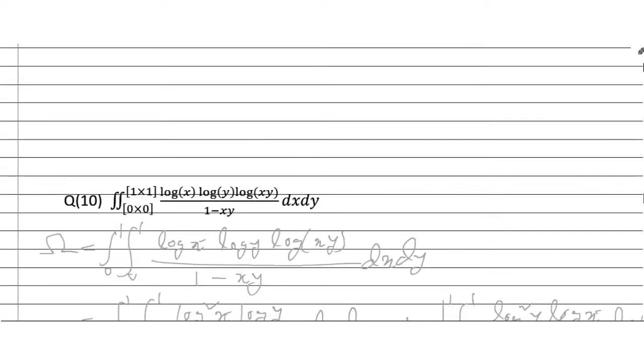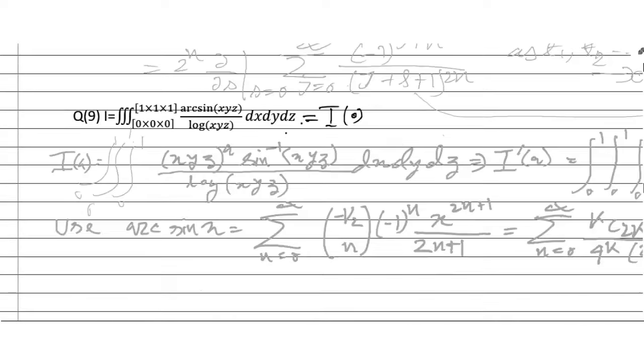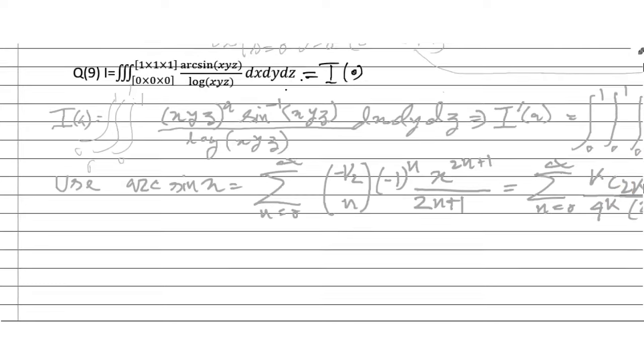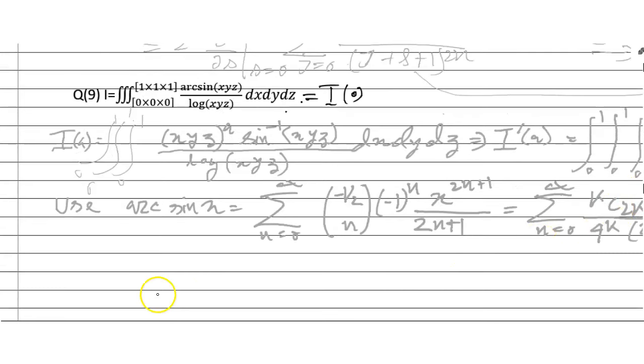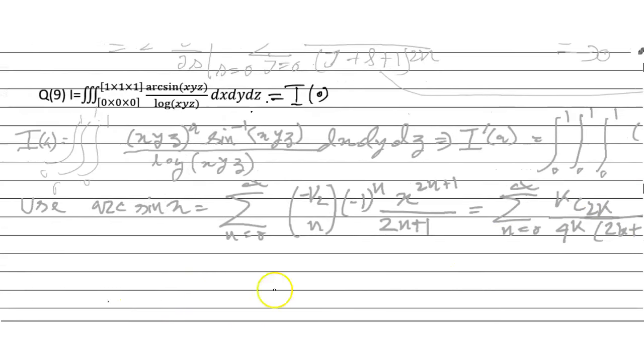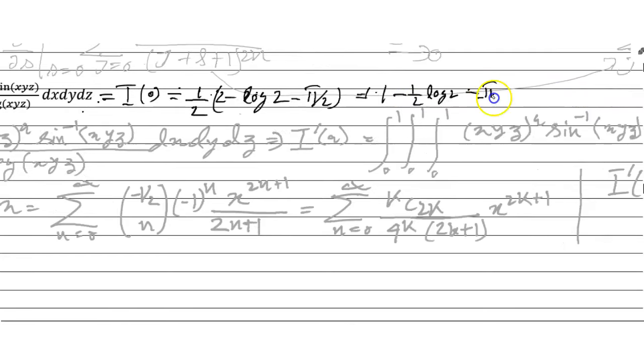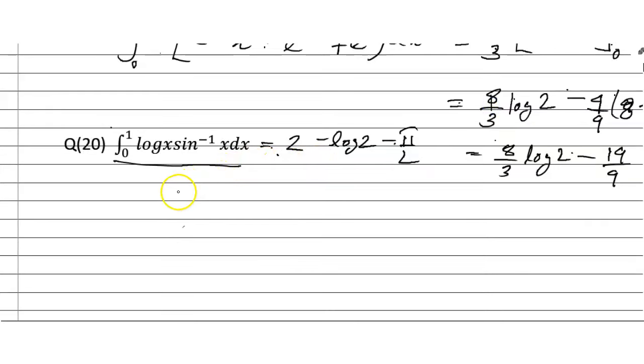That number 9, you will see that I use this equation in here. So you know that this value is equal to log 2 minus pi/2. So this value will come 1 minus half log minus pi/4. So friends, now let's start to solve.